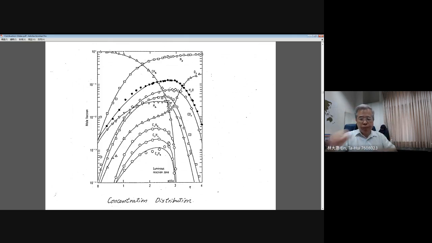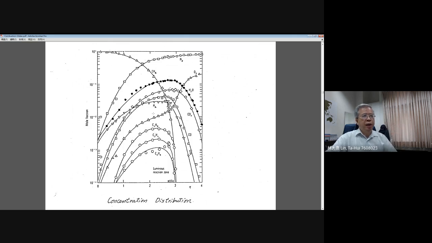Now we look at the intermediate species based on the decomposition of the methane. You can see the methane concentration decreases from the left-hand side when you approach the diffusion flame. At the same time, intermediate species are created, because methane converts to different kinds of intermediate species.